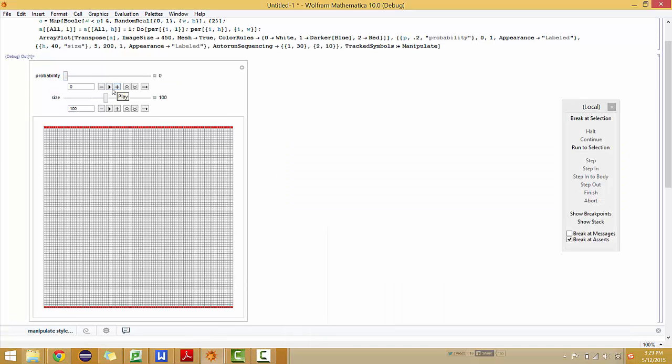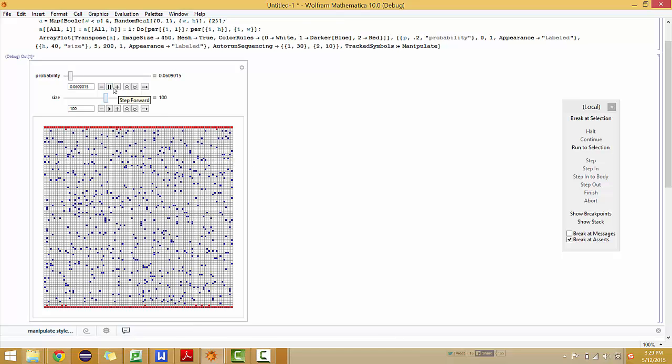For a larger graph, the graph percolates at around the same probability.